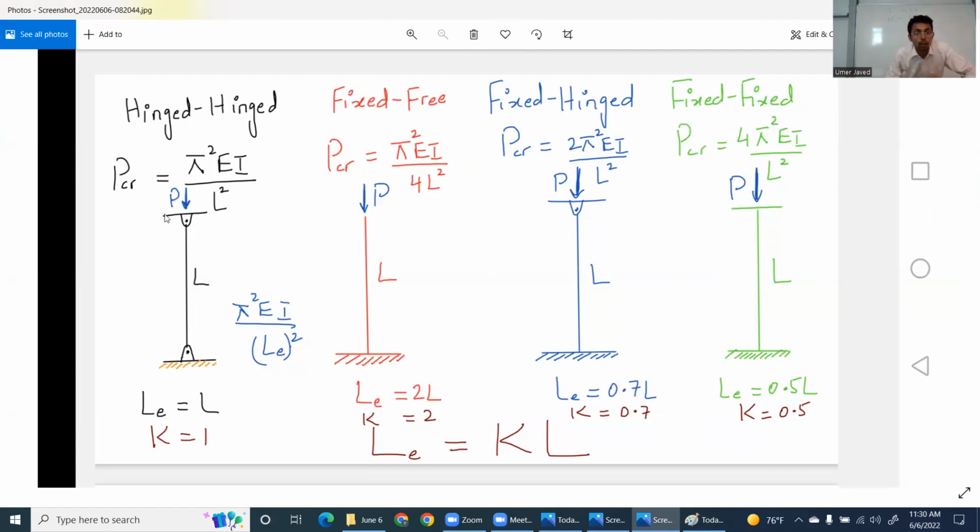Second case. Now, don't think that this object still will have load on it. Don't think that I fixed it like putting it inside something. When I use the word fixed, in the sense that this portion is fixed, this is hinged.